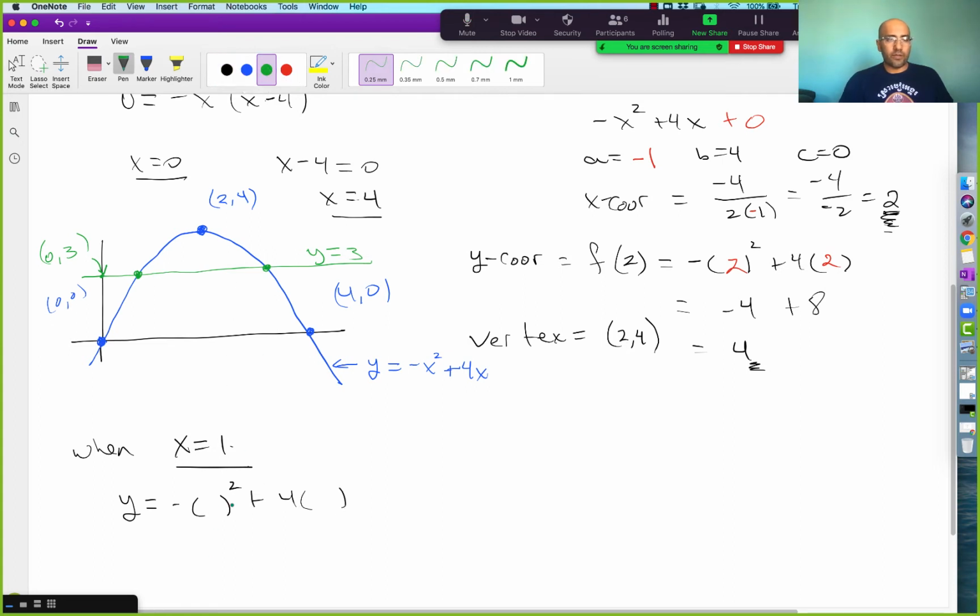Right, so we're putting in a 1 there and a 1 there. Ah, how convenient. Things work out really nicely. This is going to be negative 1 plus 4, which equals 3. Just as I had suspected, they're not that cruel. This is a nice, easy number. It's the point (1, 3).